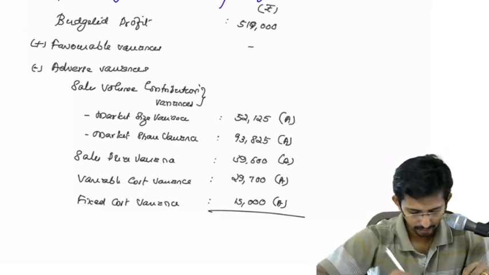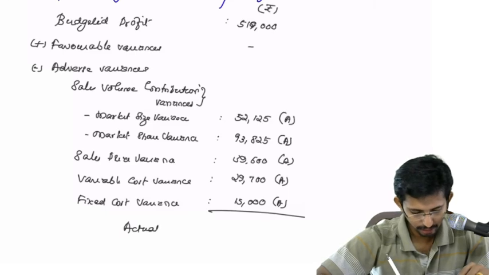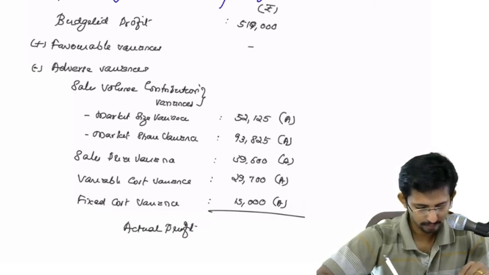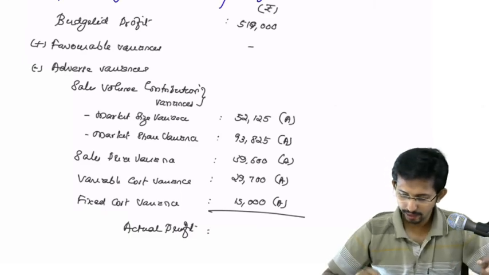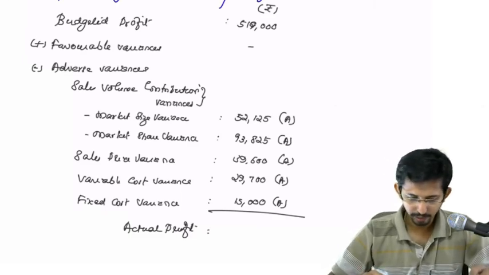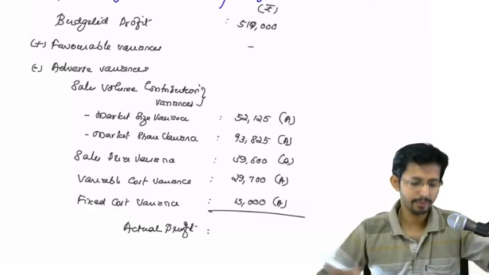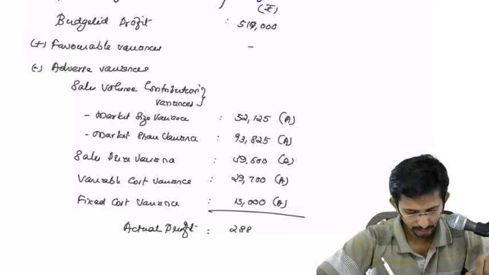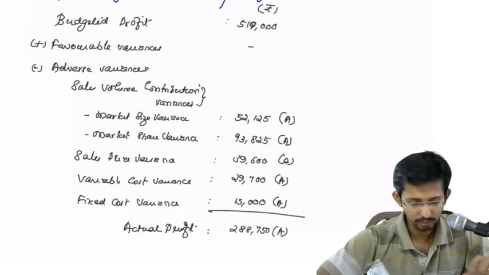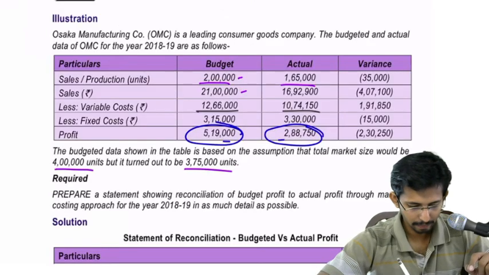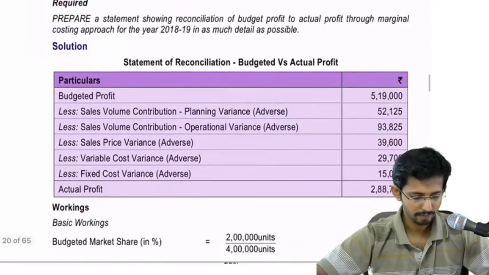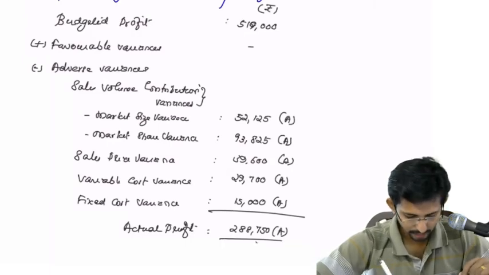So the net should be actual profit: 5,19,000 minus 52,125 minus 93,825 minus 39,600 minus 29,700 minus 15,000 will give you 2,88,750. That is the actual profit.